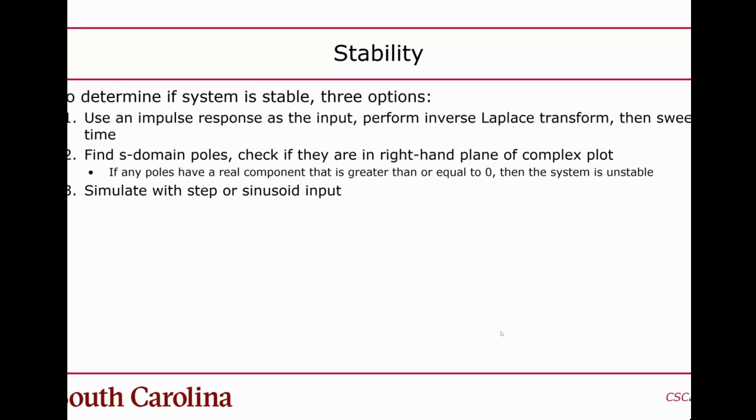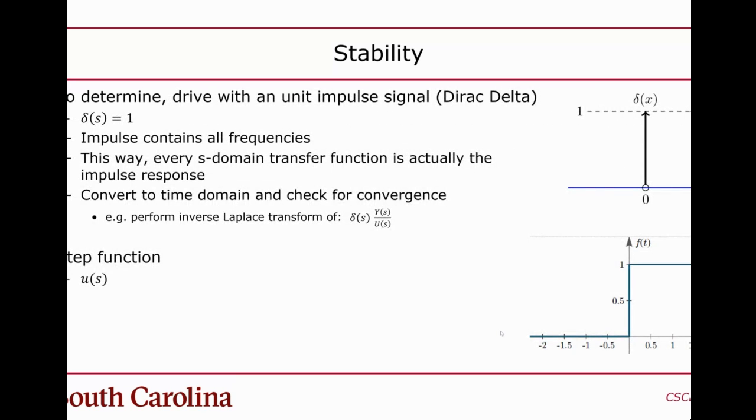The poles are just the values of S that would make the denominator 0 in the transfer function. We will also use this method in the Z domain, which we will get into today. So in this class, mainly you're going to solve stability by looking for these poles, because you can just work that out on paper.